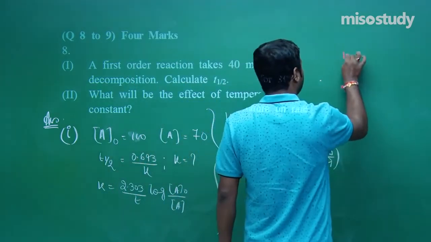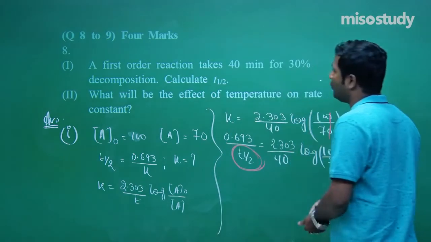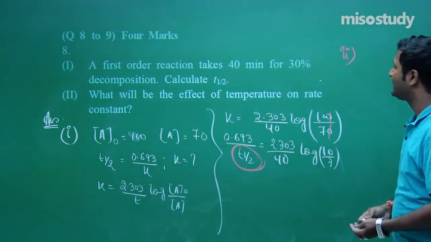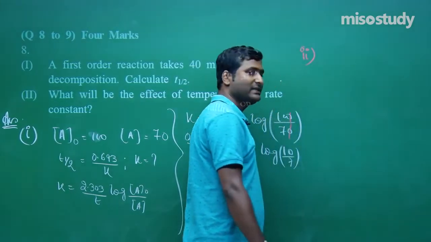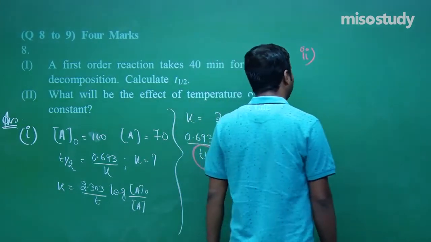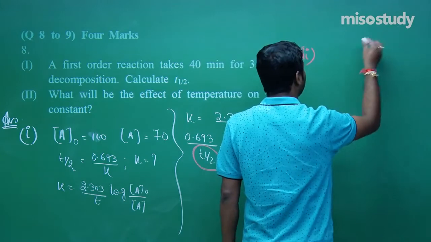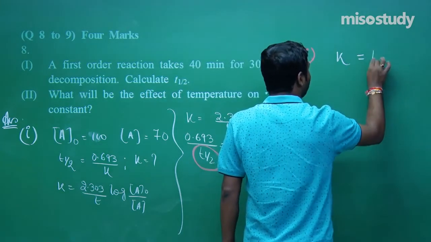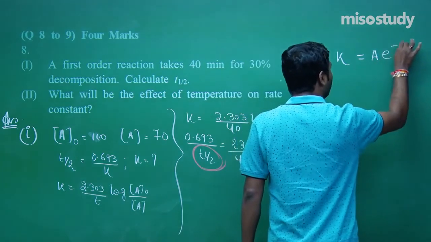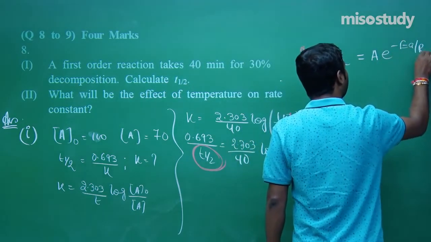Now the next one is 2. How will be the effect of the temperature on rate constant? As we know, per 10 degree rise in temperature, the value of the rate constant becomes 2 to 3 times, and it is symbolized by, my friend, the Arrhenius equation. K is equal to A e to the power minus EA upon RT.